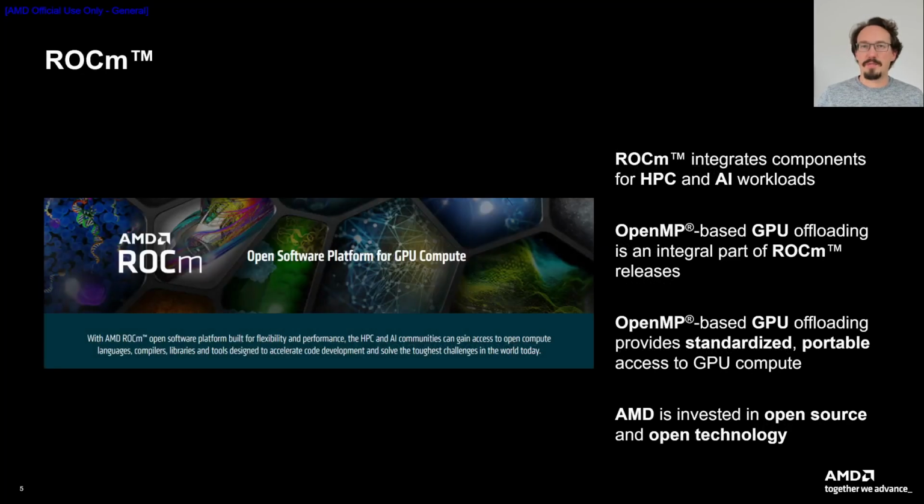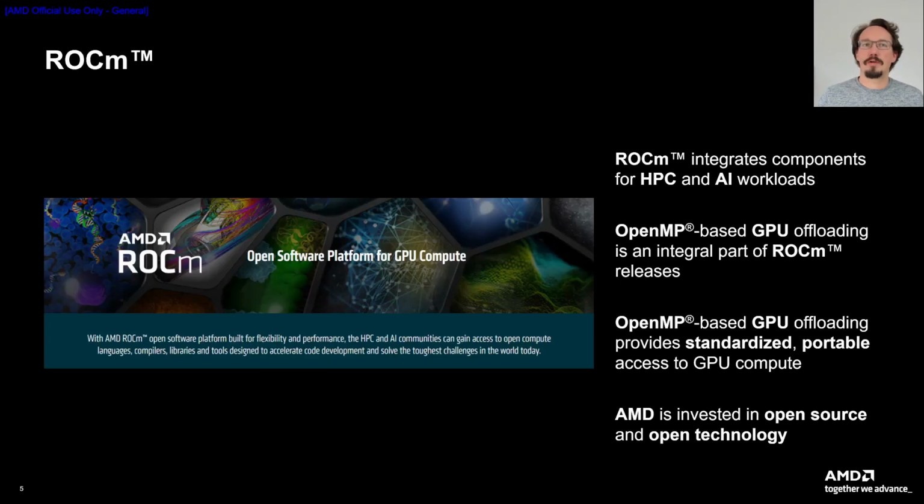ROCm is AMD's open software stack that integrates components for both HPC and AI workloads. OpenMP and its GPU offloading capabilities are an integral part of the ROCm releases.